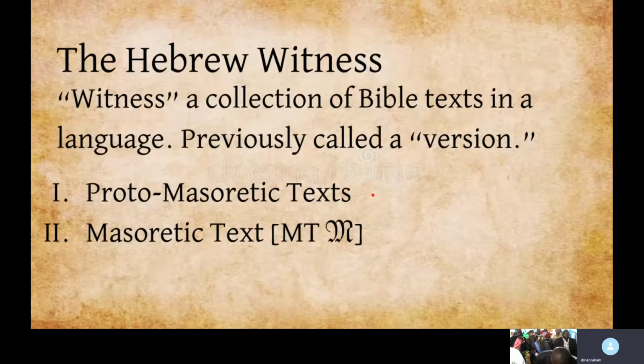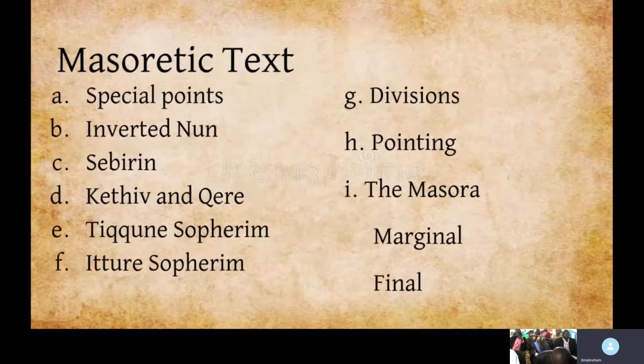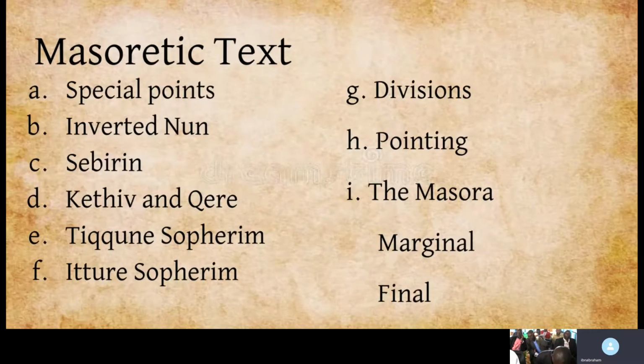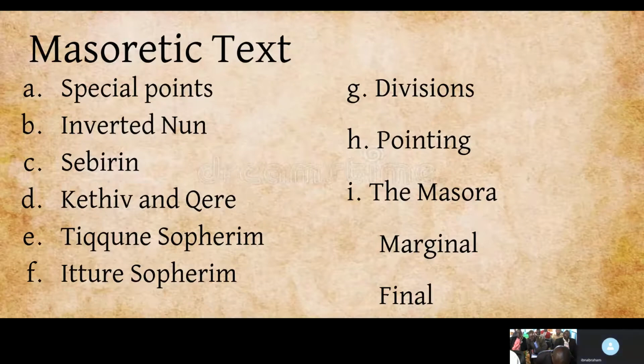The Masoretic text, what we're dealing with, has these features. It has special points. I'll try to give examples of most of these. There are special points in 15 different passages in the Masoretic text, the Hebrew Old Testament. There are special points that are found over particular letters or words.